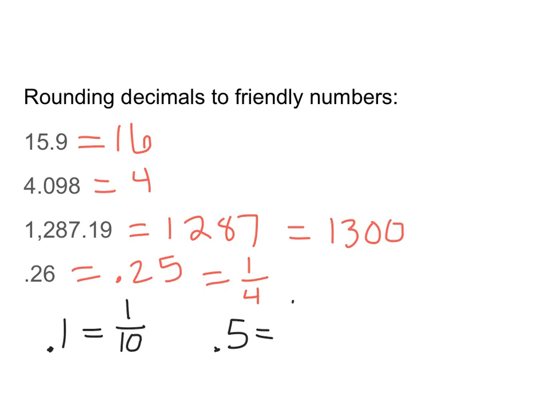It also converts to 1/2. And that's a really nice one to work with. You might also put down that 0.01 would convert to 1/100th. And any other ones that you can think of that you think are easy for you to work with. These are the big ones that I use.